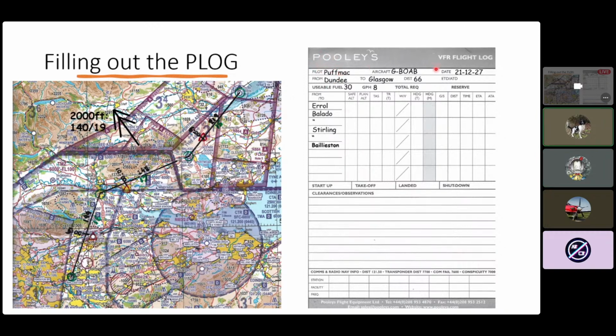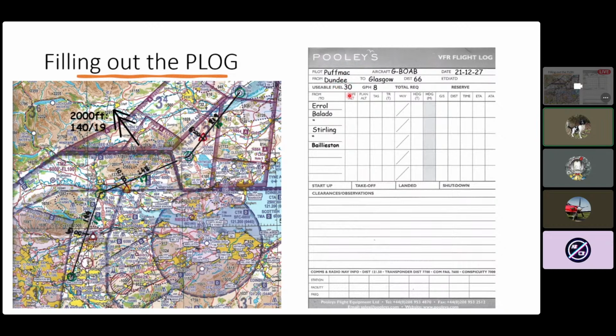So let's populate on the plog the things we know. Okay, so we get the pilot's name, get the aircraft, the date of the flight, in international format, year, month, day, I might add, just to avoid any international crises between the Europeans and the Americans. We've got the from and to, so we're going from Dundee to Glasgow. I've calculated the distance already, and then I've written in here what usable fuel.